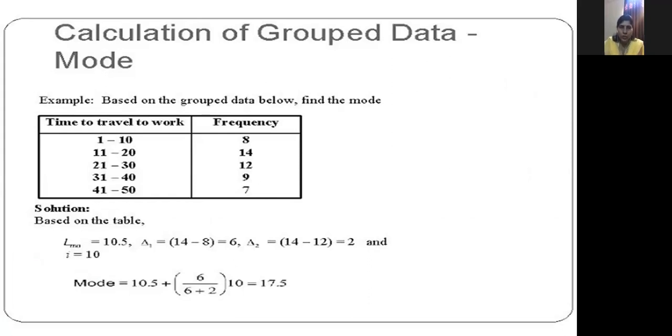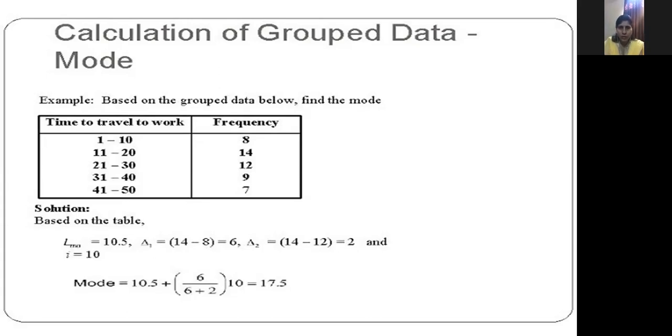Here the question is given: you can see the frequency and the class interval. On the basis of this table, the highest frequency of the given data is 14. The highest frequency is 14, so the model class is 11 to 20.